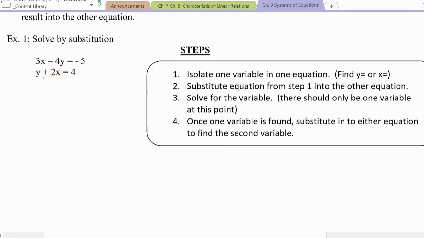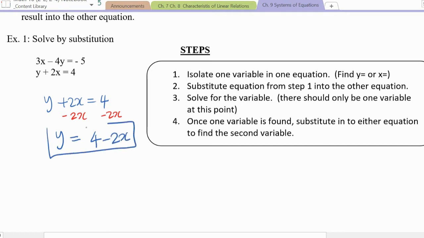So we're going to isolate y. To do that, I'm going to get rid of the 2x. To get rid of plus 2x, subtract 2x from each side. Then that will be y equals 4 minus 2x. So y is isolated, all right?